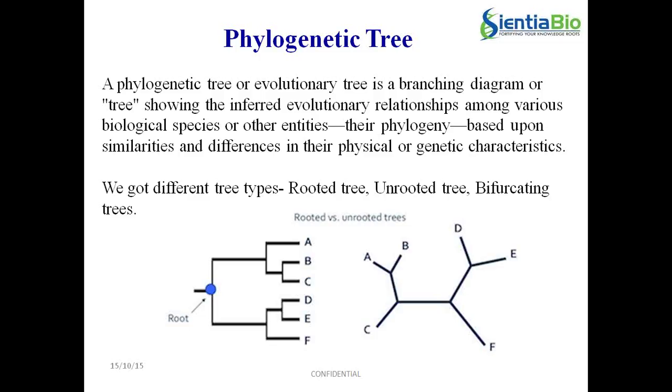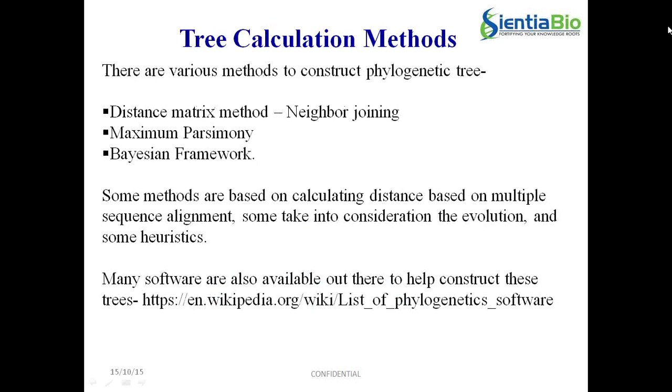Different types of phylogenetic trees are seen: rooted tree, unrooted tree, a bifurcating tree, etc. Some very specific algorithms are used for the construction of phylogenetic trees.